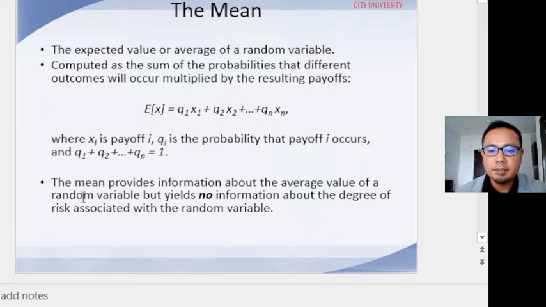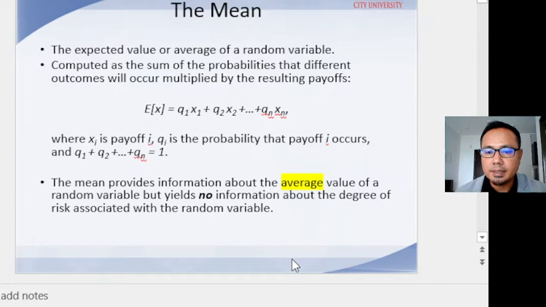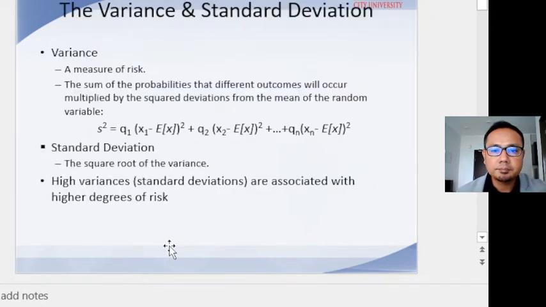So the mean provides information about the average value of a random variable, but yields no information about the degree of risk associated with the random variable.